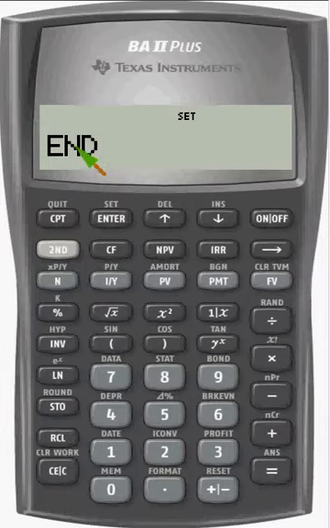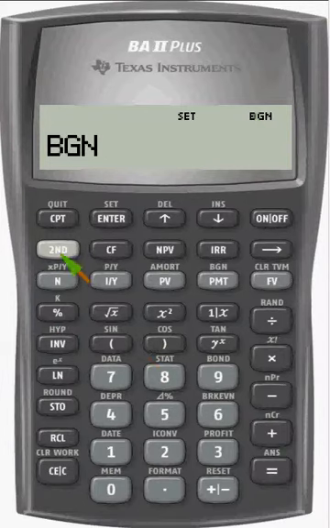If you want to change this setting, you need to reach the SET function. SET is above enter. So first push the second shift key, then push enter. You see BGN on the top of the display. Now the setting is for annuity due calculations.